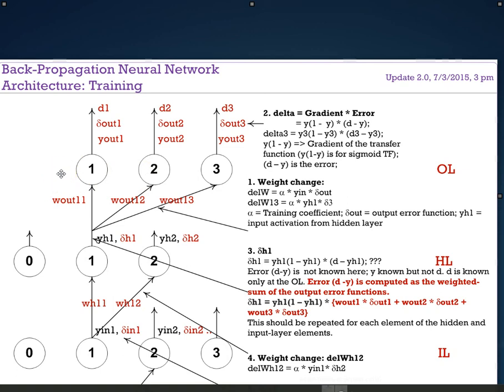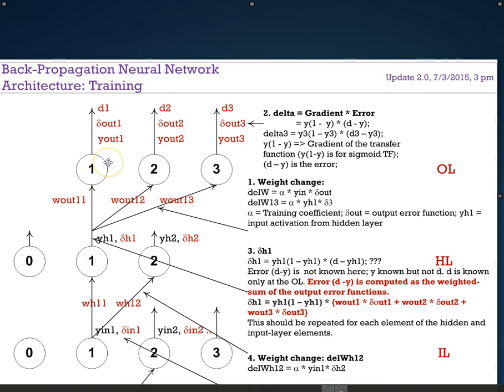As we have already seen, when we took the gradient of the sigmoid transfer function, it was y into 1 minus y. So that is the gradient of the transfer function of that layer, times d minus y, that is the desired error. Error is represented by d minus y, where d is the desired value and y is the computed value. So at the output, computing this delta function is very easy.